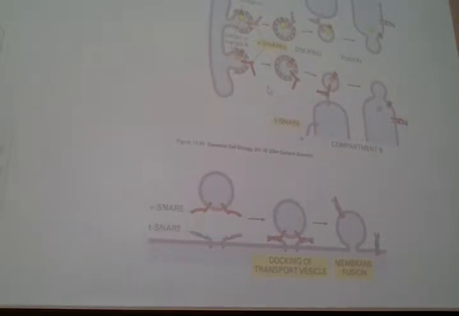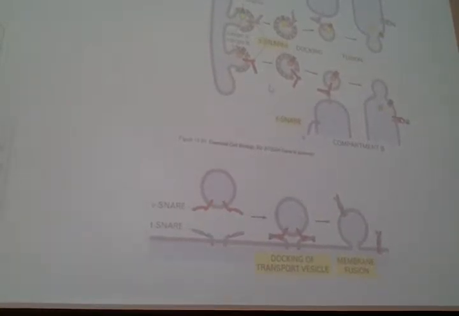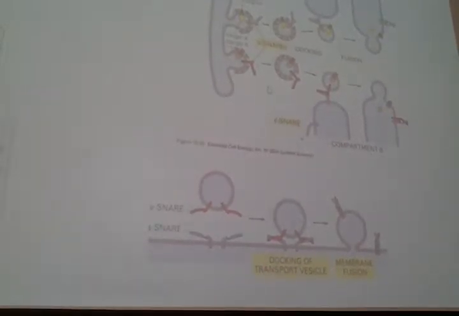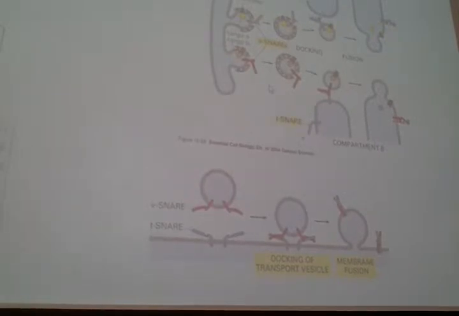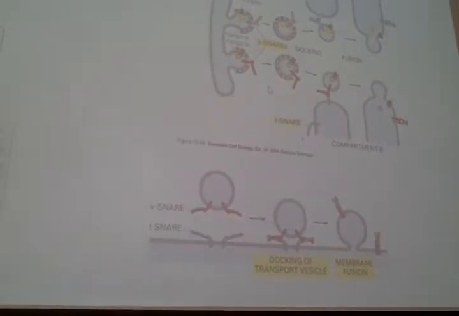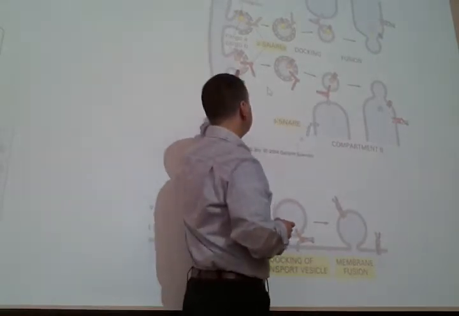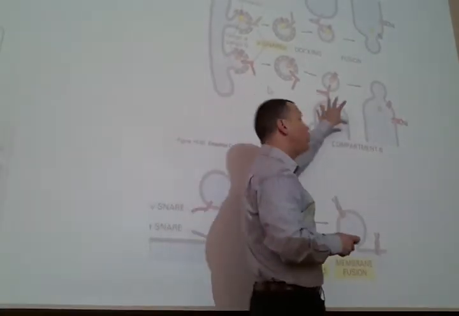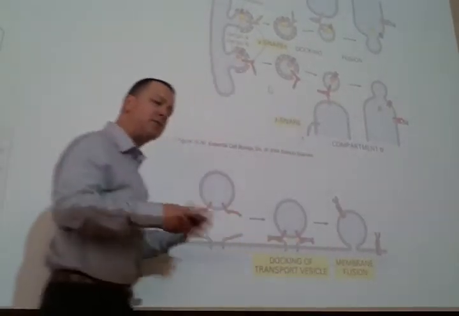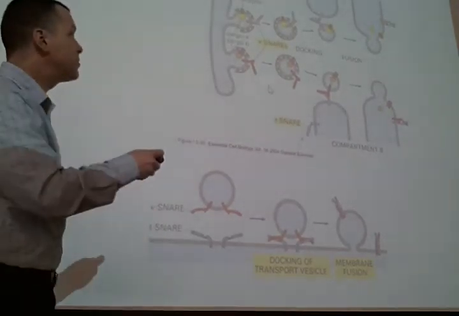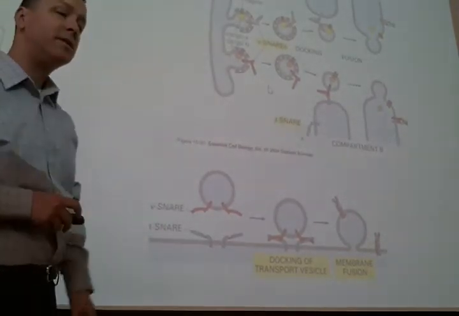Well, at least part of this story has been worked out, and the part that we're going to talk about are special proteins called SNAREs. So apparently the answer to this question is that there are specific locator proteins in these vesicles that can team up with the second piece of the puzzle only on specific organelles.